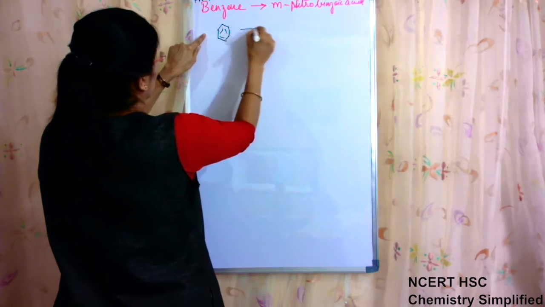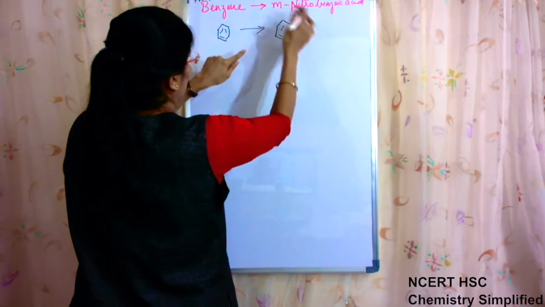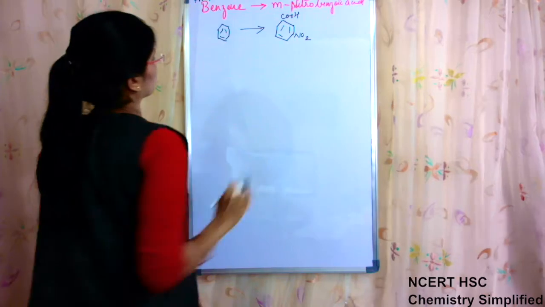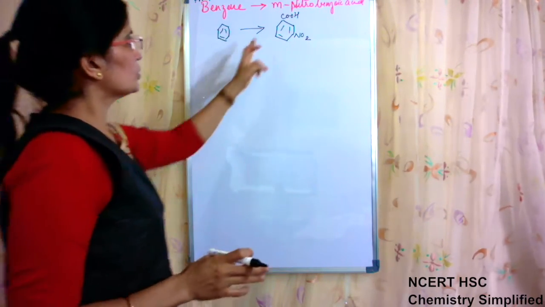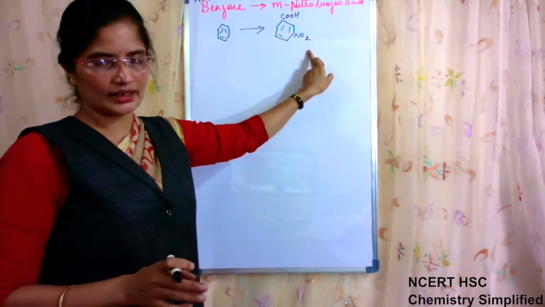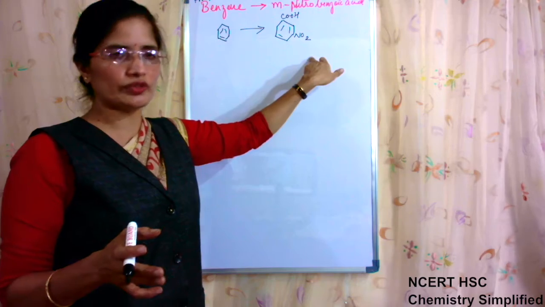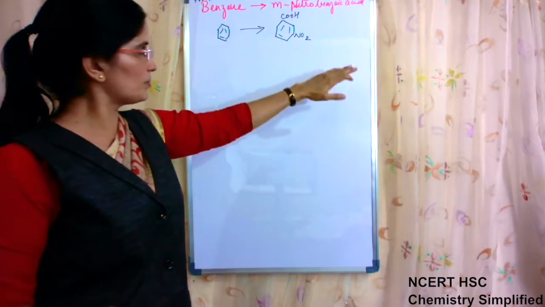Benzene ring is needed to be converted into, on meta position, nitro group and benzoic acid. That means what? We know that acid group is meta directing, so it's not difficult. Once we have obtained acid group, then nitro group we can introduce by nitration, electrophilic substitution reaction method.